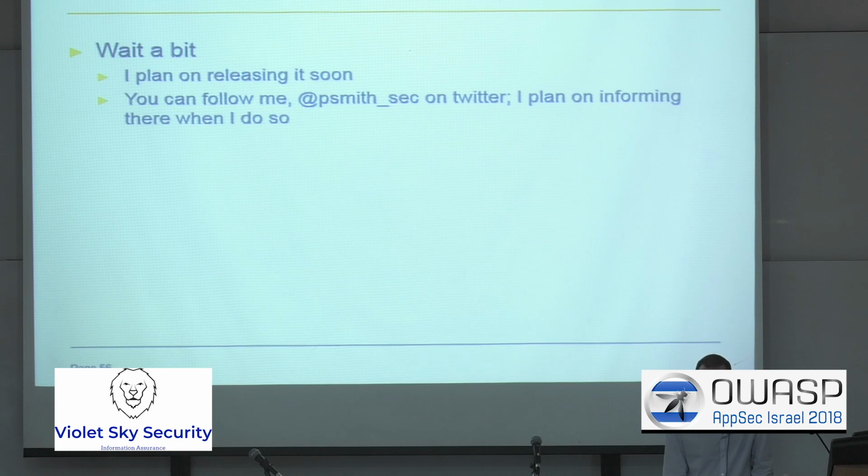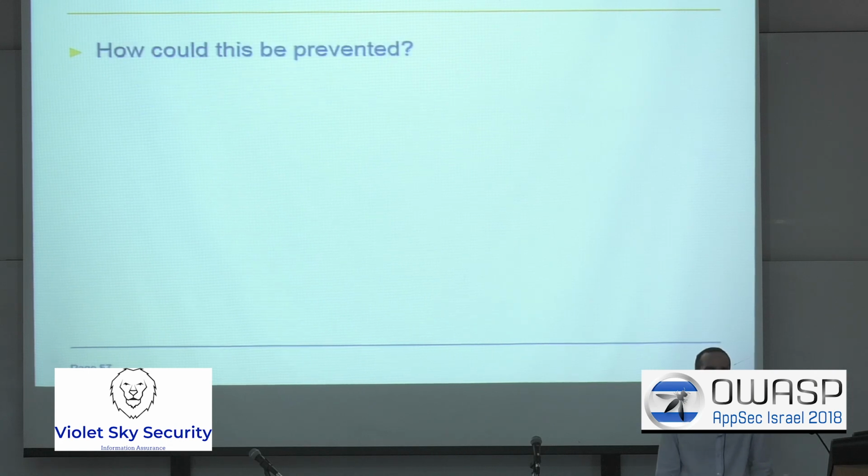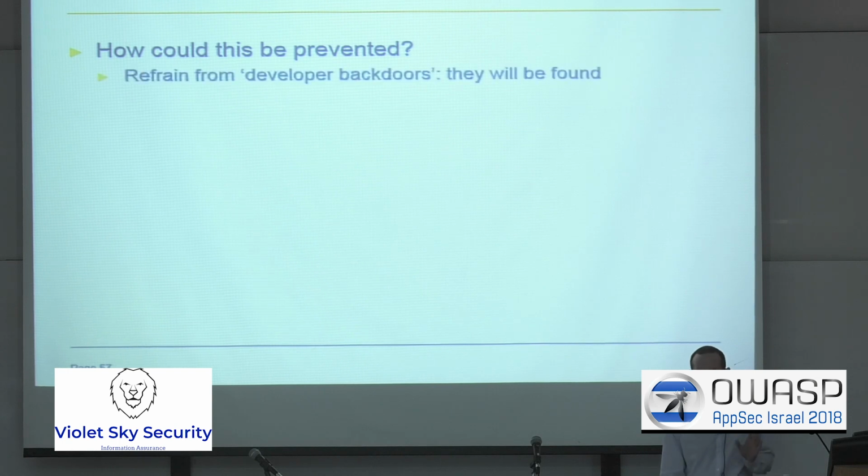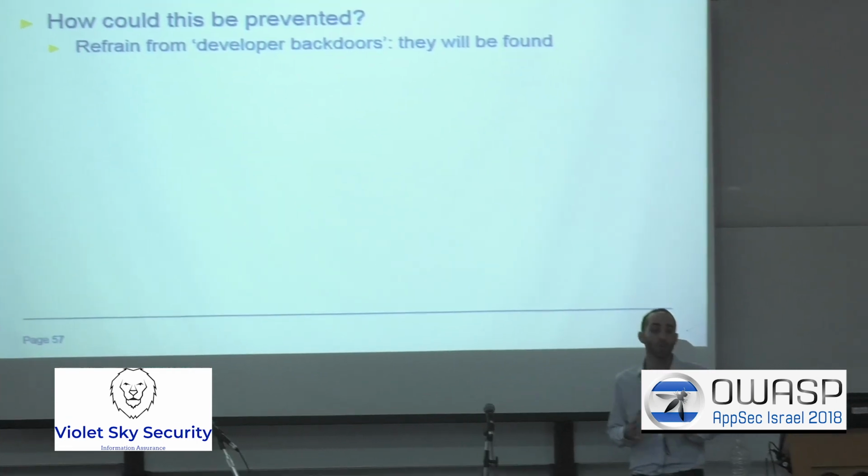And the only question remaining now is, how could this be prevented? As a developer, how could you prevent the damages that can be done by doing this? First of all, completely refrain from developer backdoors, meaning administrative screens or all sorts of screens that are not supposed to be client-side. If it's not supposed to be client-side, we will find them. So just don't do this.